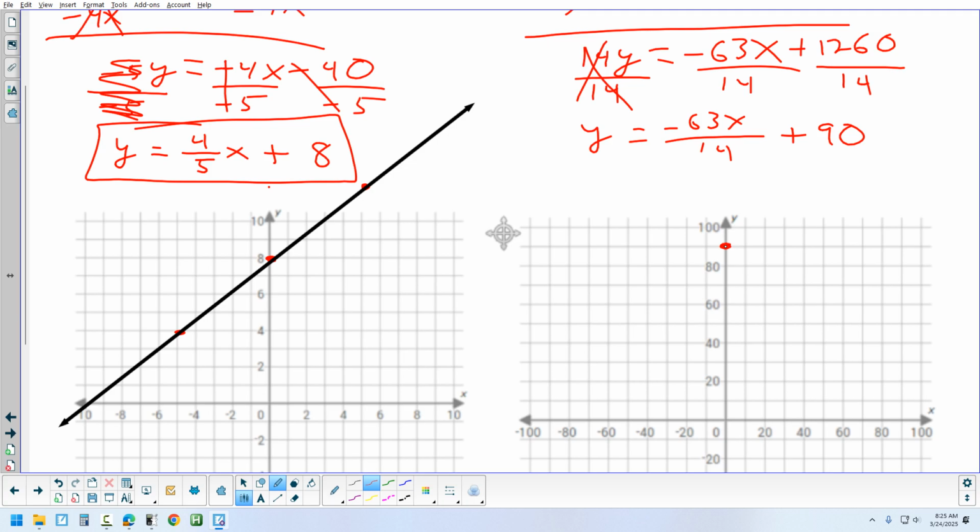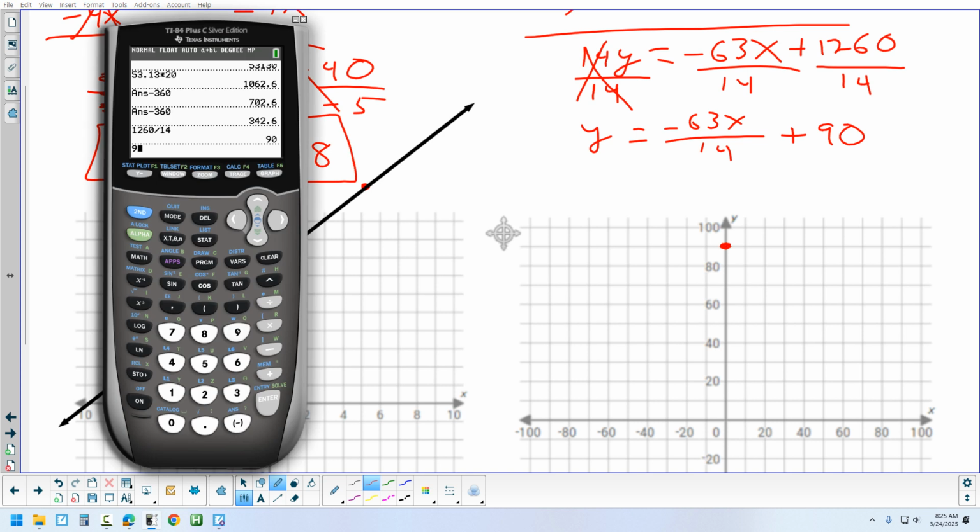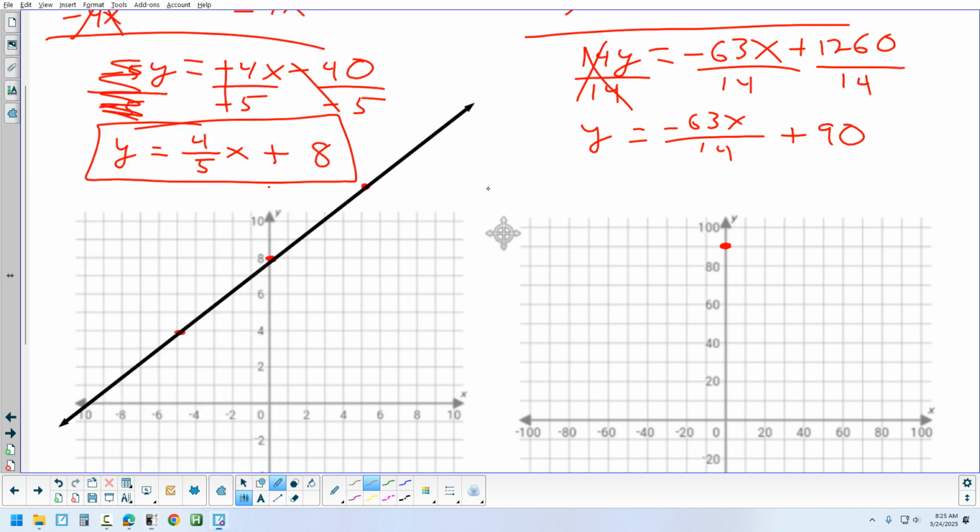And now I need to go down 63, and I need to go right 14. Well, if I'm at 90 and I go down 63, I'm going to be at 27. So I'm just going to write that down. So if I go down 63, I'm at 27.